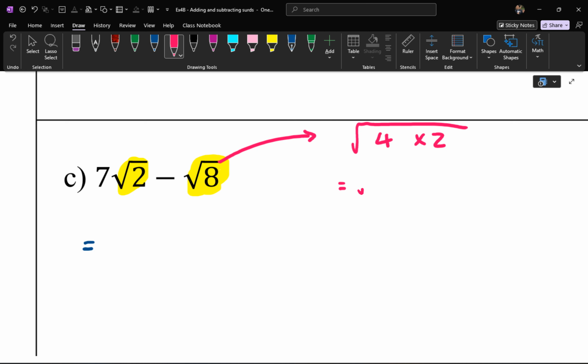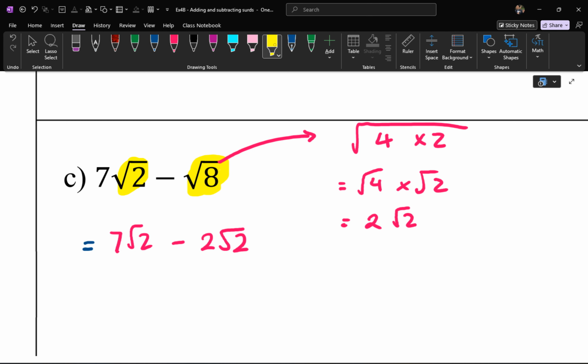That's the same thing as writing root of 4 times root of 2. But root of 4 we know is 2. So 2 root 2. Suddenly, now you have 7 root 2, take away 2 root 2, and they are now like surds. They're both root 2, so your answer must be 5 root 2. Very good.